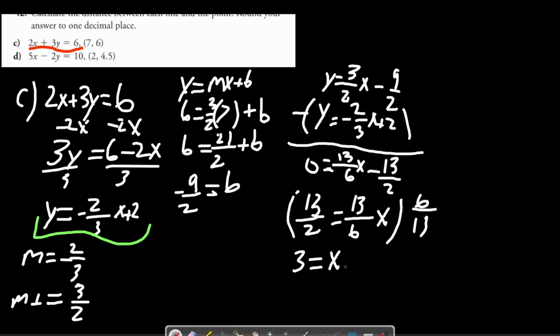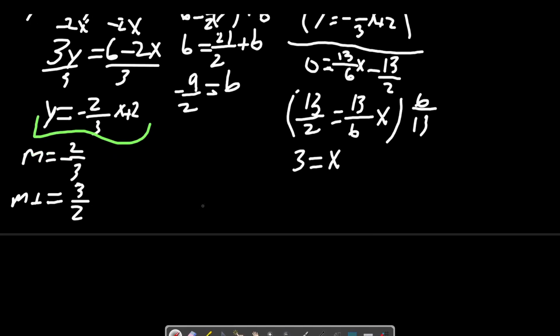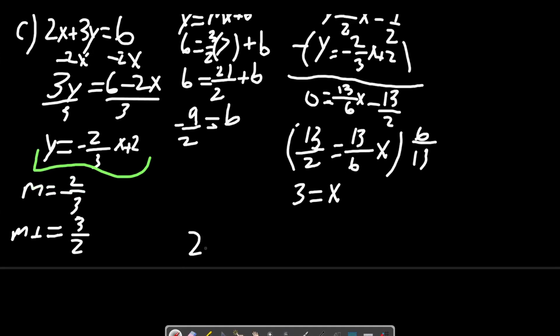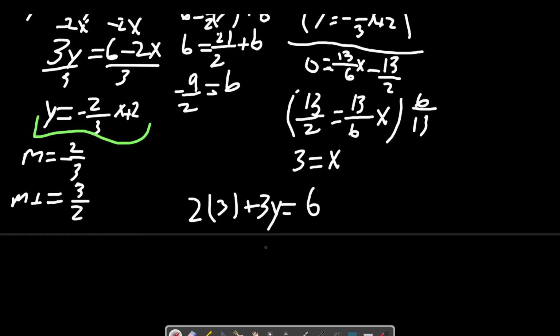Plug this x into this equation or that equation or even the original equation over here to find y. I'll just use the original equation. That is 2x, which will be 3, plus 3y equals 6.